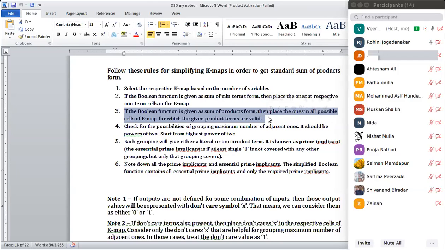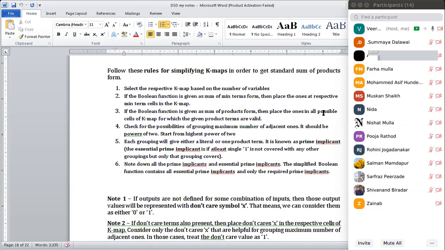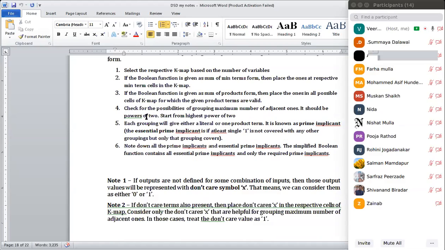So the third step is, if the Boolean function is a sum of products, that is SOP or min term, then place the ones in all possible cells for which the given product terms are valid. Either it may be an SOP or a POS.